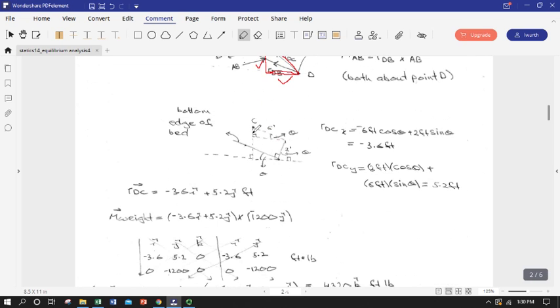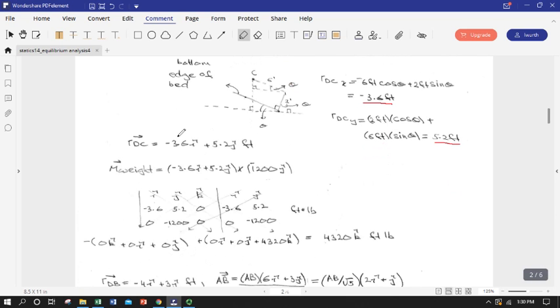So unfortunately I still had to do a little bit of geometry to find the exact location of point C relative to point D, because all of our dimensions are relative to corners of the box. But I was able to get the x component is negative 3.6 feet and the y component was 5.2 feet. So there's my radius vector from point D to the point of application of the weight at the center of mass.